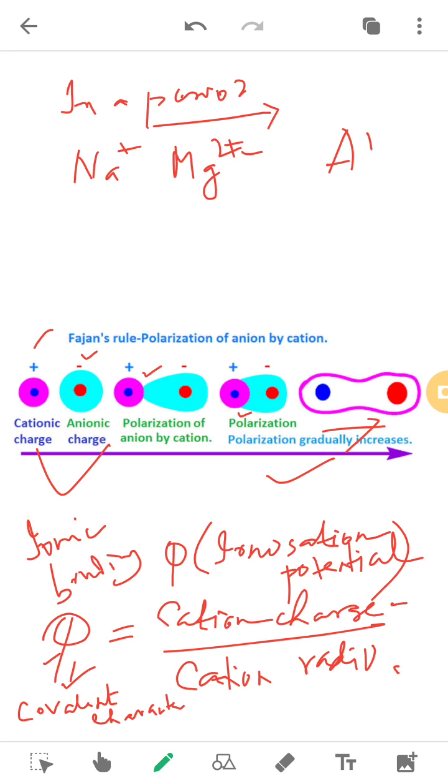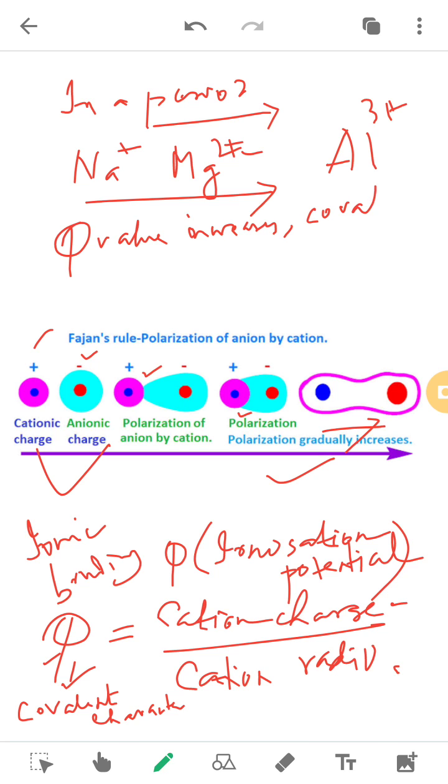More, when we go, we find Al3+ also. So the charge is increasing, and we also know that the radius is decreasing. So in that way, we can say that from here to there, the phi value increases, so covalent character increases. Hope you have understood that part, and next we go for the next part.